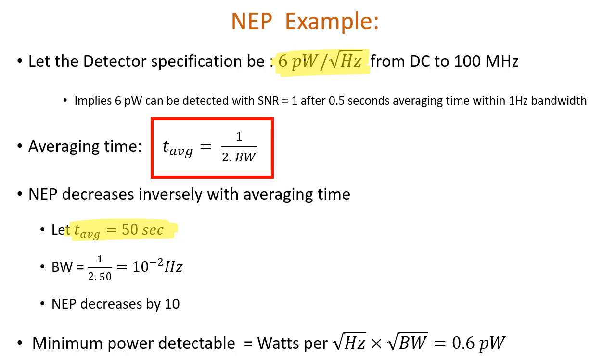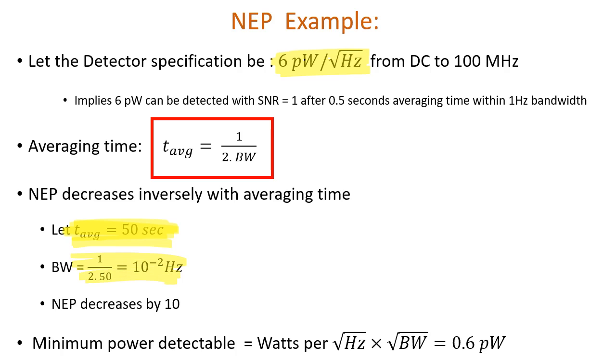So that would mean that I just take my 6 picowatts per square root hertz, and multiply by the square root of the bandwidth. I would clearly see the minimum power that I can detect now is going to be 1/10 smaller. It's going to be 0.6 picowatts. So that is essentially how one should look at it. By increasing the averaging time, one is correspondingly decreasing the bandwidth.